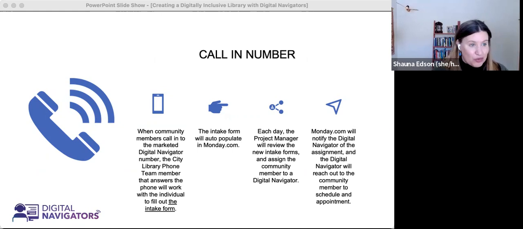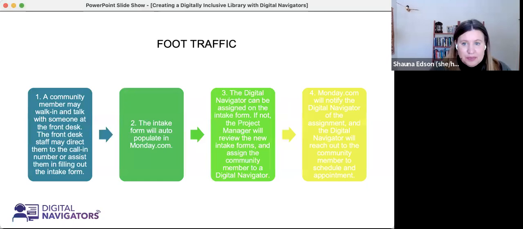Obviously, it's our main library phone number, so if people call in asking for it, they direct those folks to the appropriate department. But if you are in an area that is more rural and has a lot more remote people, a call-in number is really a great way to manage the model.